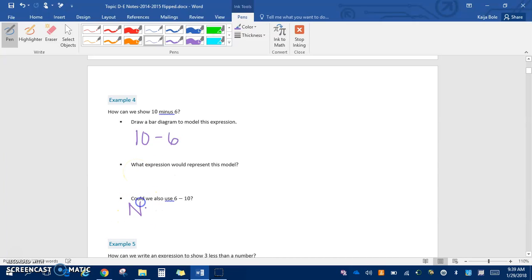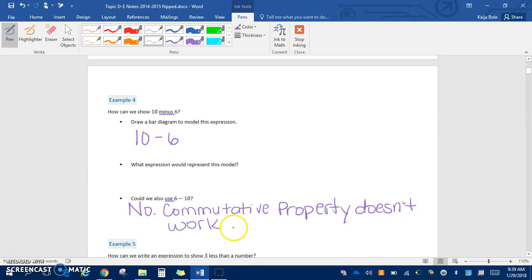And we would say no, because we know that the commutative property doesn't work for subtraction. And we proved that in the last topic that we did. Right, so you need to pay attention to the order when you're reading these sentences.